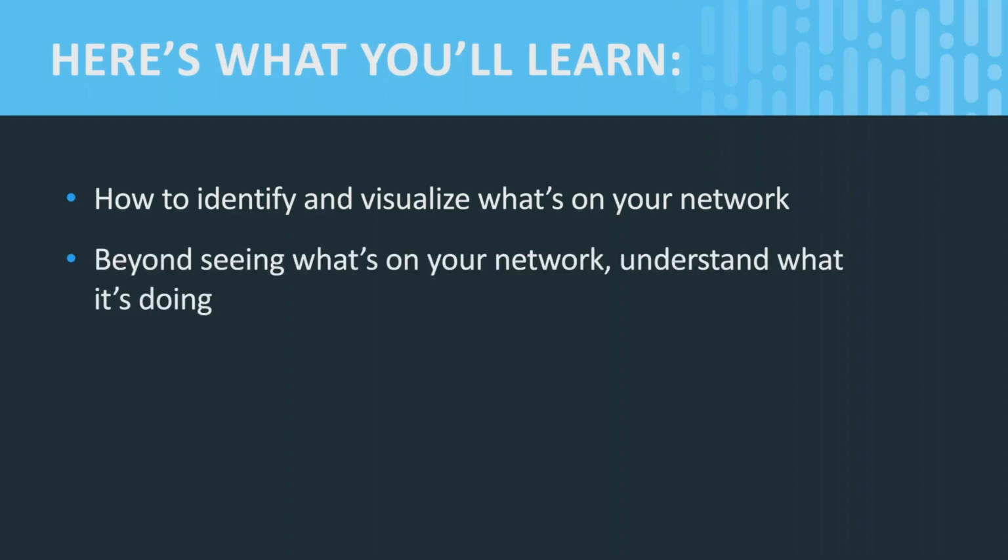You'll also learn beyond just what's on your network, you'll learn what's actually happening. I mean, who's really communicating with who? What are these applications? Where's the internet traffic coming from? And with Martin's guidance here, we'll find out how we can use a network visibility fabric to help us accomplish that.